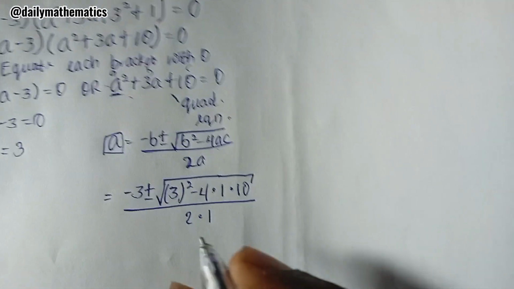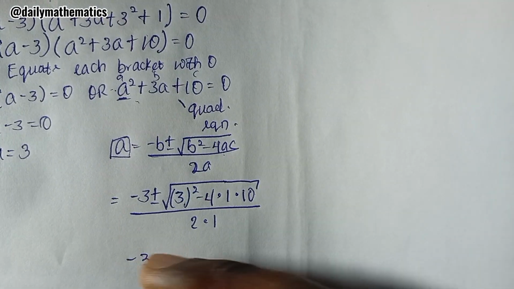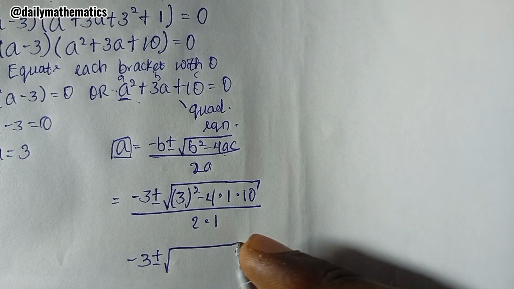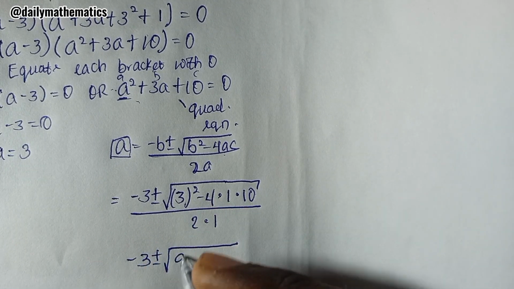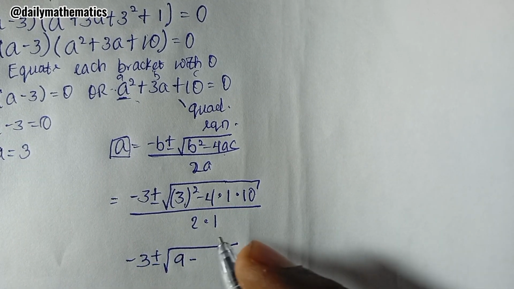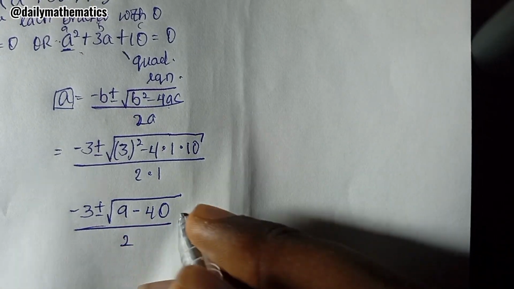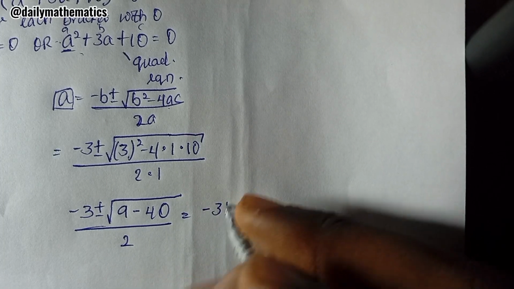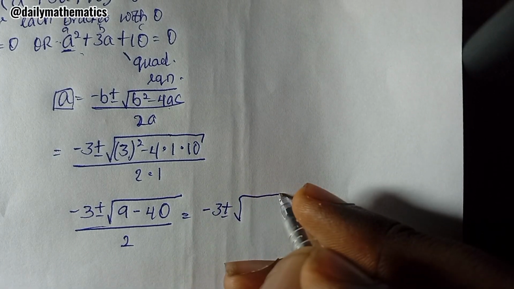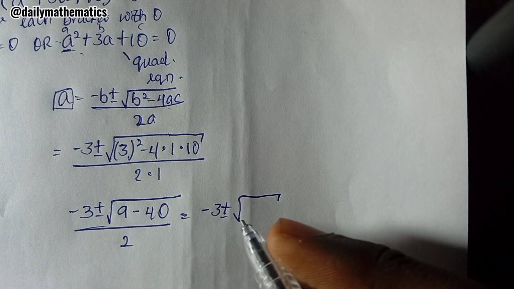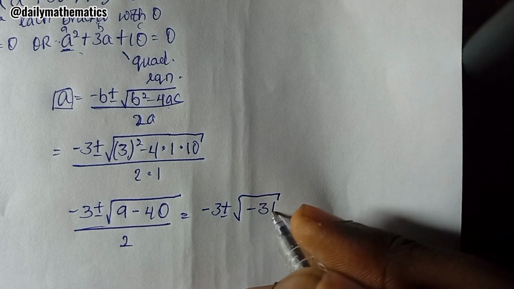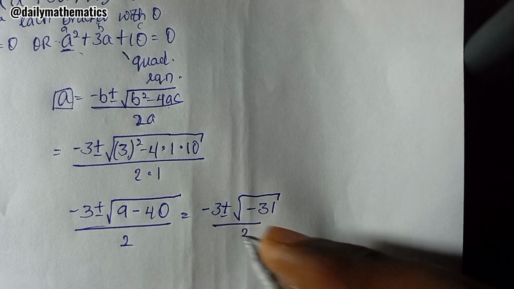So from here, we want to work it out quickly. We have minus 3 plus or minus square root, and then we have 3 squared, which is 9, minus 40, over 2, right? So from here, what do we have? We have minus 3 plus or minus square root, and then 9 minus 40 is going to give us minus 31, divided over 2.